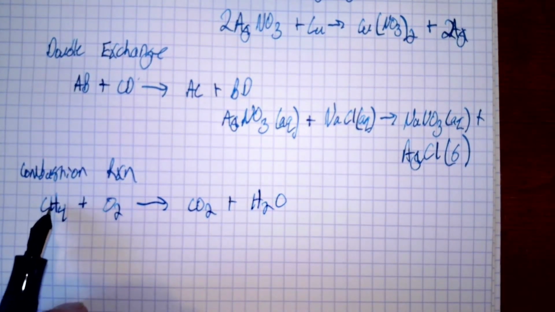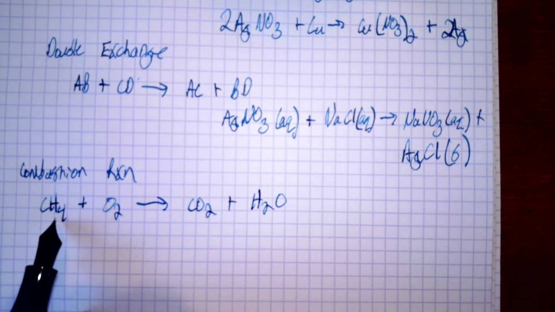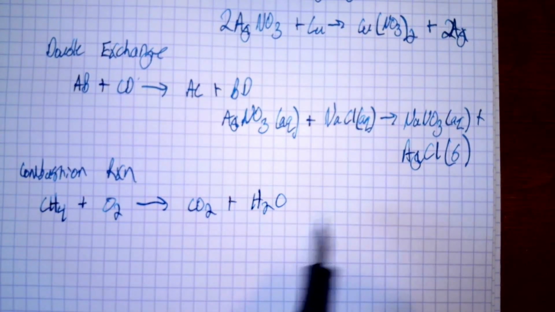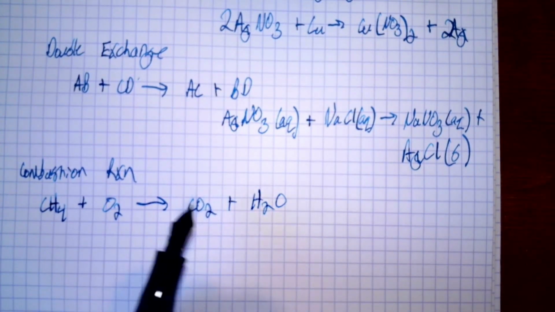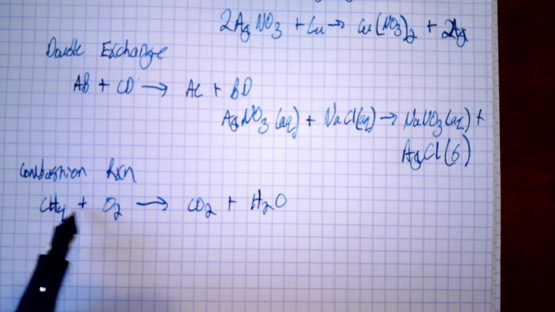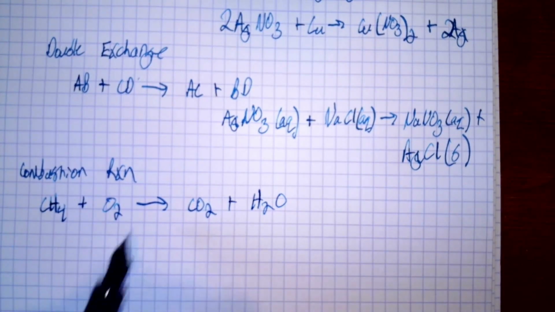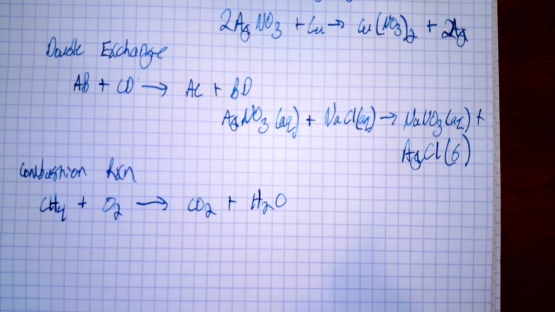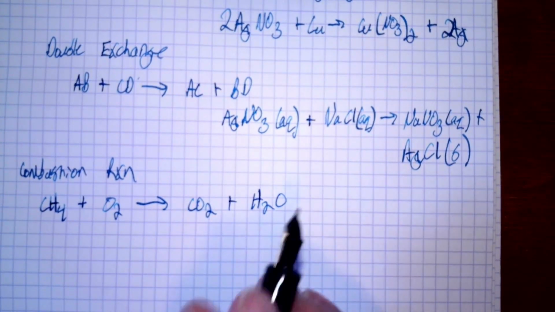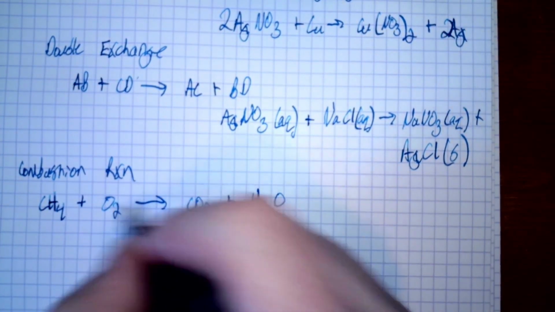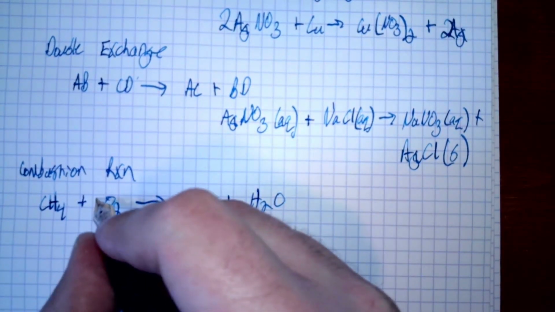Now, if we have something other than carbon, hydrogen, and oxygen on the left side, then we get other products over on the right side. But anything we will talk about in this class, we're only going to be dealing with these three elements. And so our products will always be CO2 and H2O.